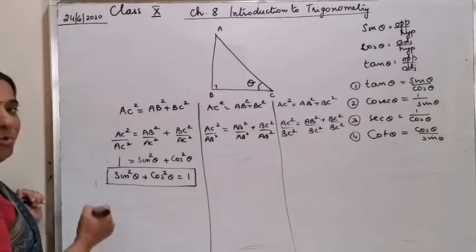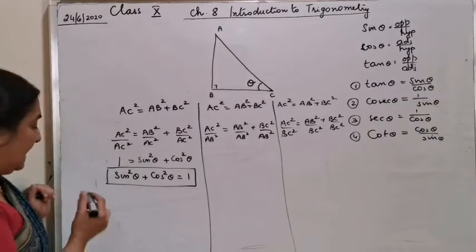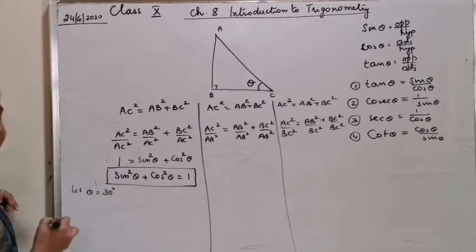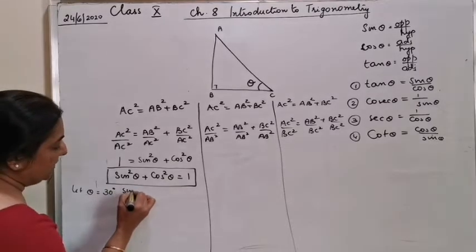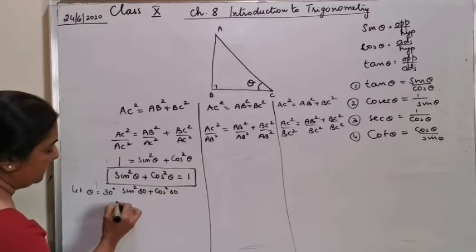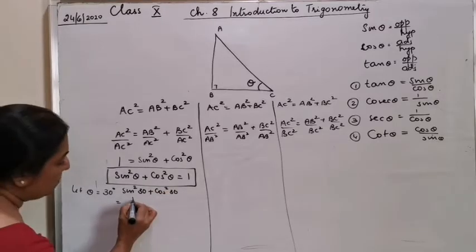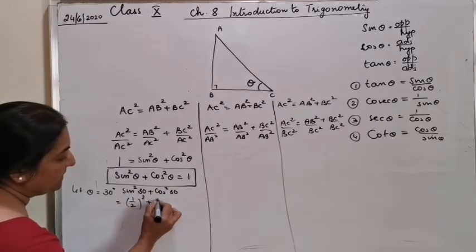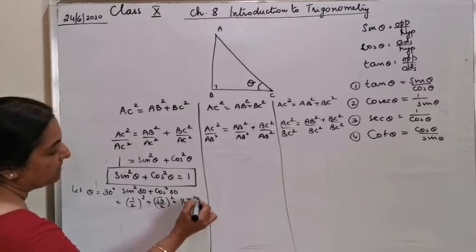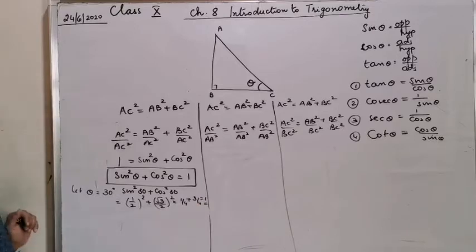Verify with the known angles to you. Let theta be 30 degree. Substitute the value. Sine square 30 plus cos square 30 is the same as 1 by 2 the whole square plus root 3 by 2 the whole square. 1 by 4 plus 3 by 4 is giving you 1.